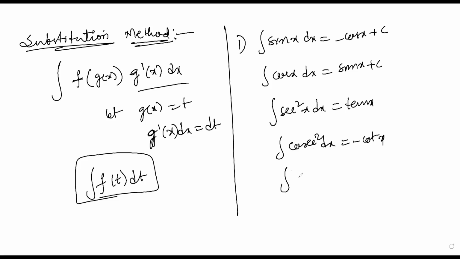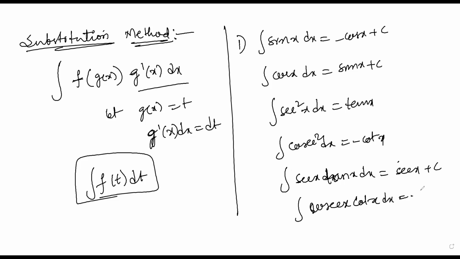Integration of secant x tan x dx is secant x. Integration of cosecant x cot x dx is minus cosecant x.